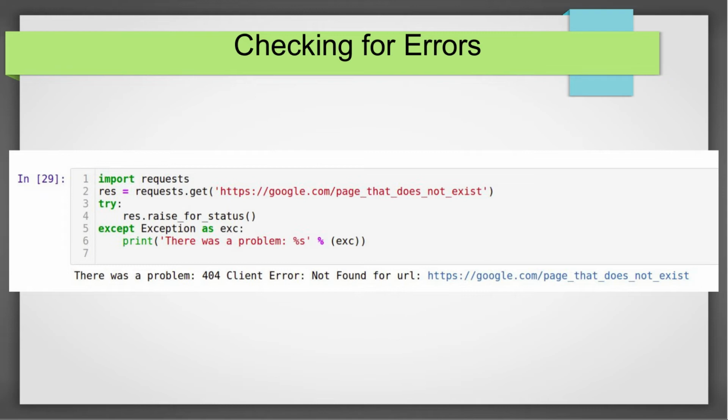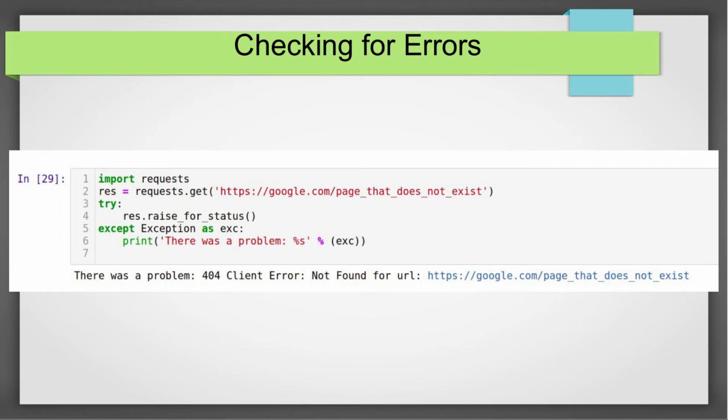This is a good thing. You want your program to stop as soon as some unexpected error happens. If a failed download isn't a deal breaker for your program, you can wrap the raise_for_status line with try and except statements to handle this error case without crashing.